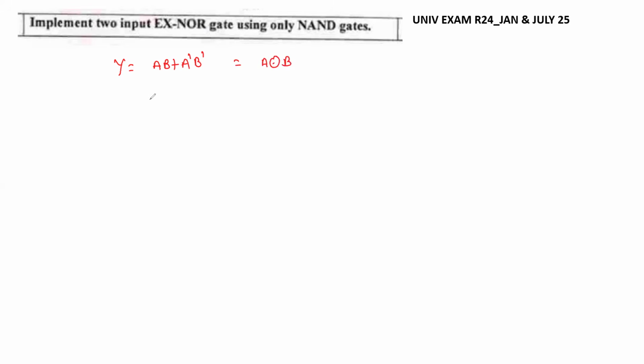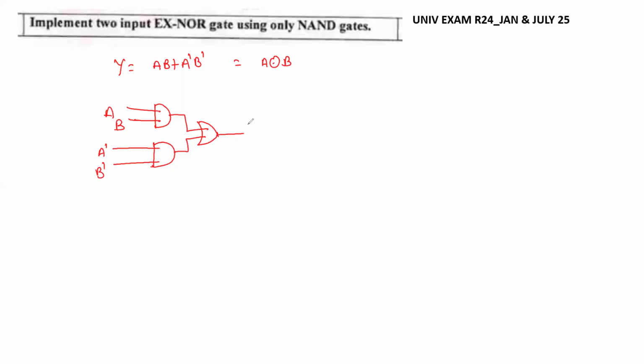Here two AND gates are required. Normally we represent AB with one AND gate and another AND gate here, again taking the inverters to get A dash, B dash, and finally it is given to the OR gate.